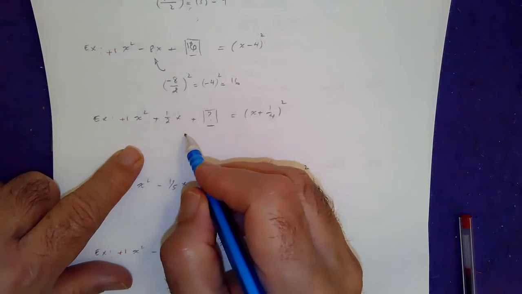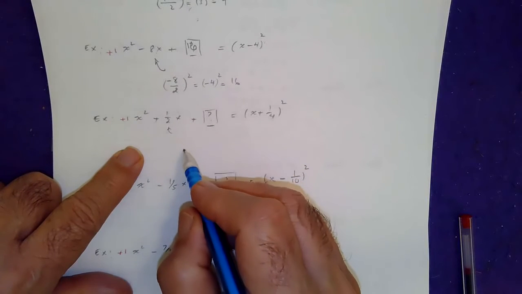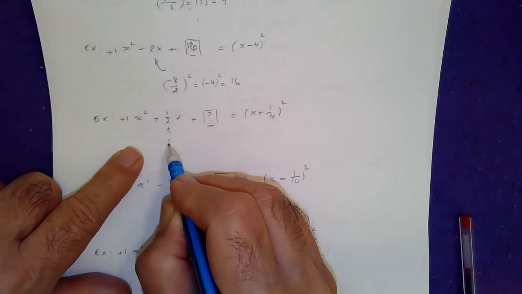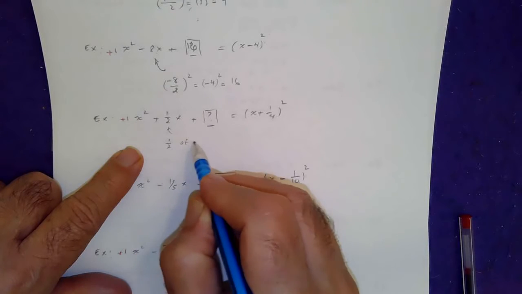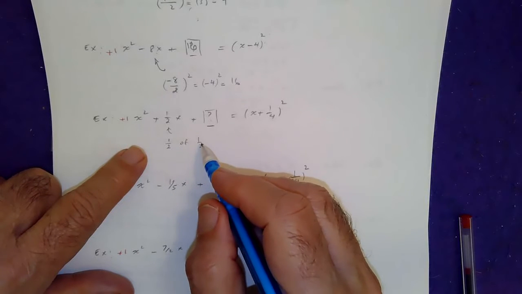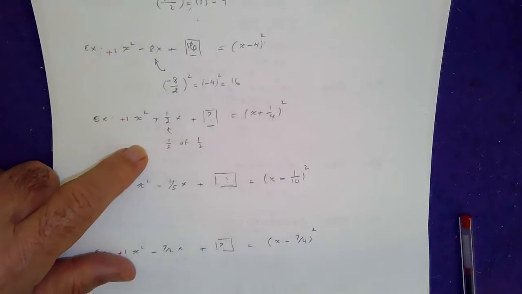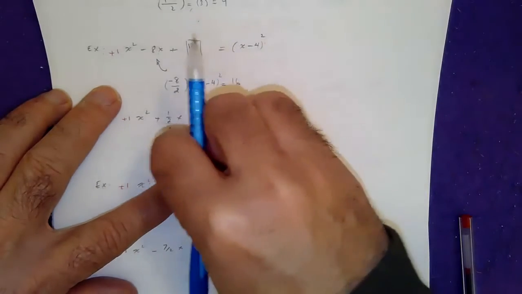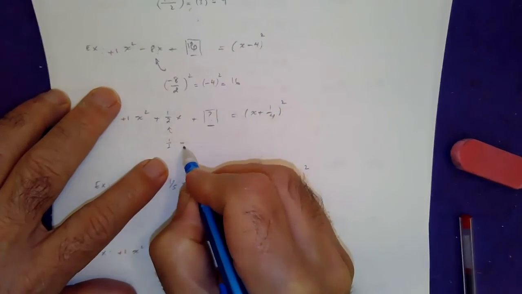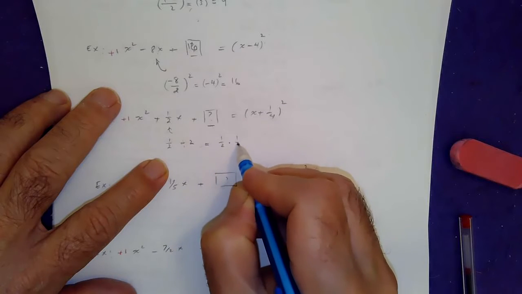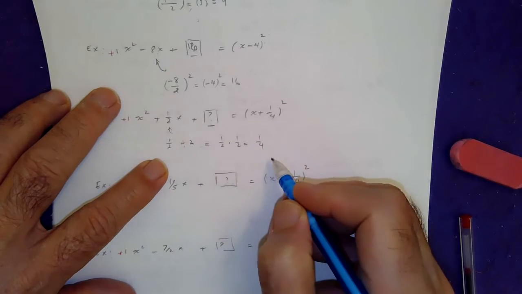Here, we got a little problem because the coefficient of x is a fraction. So take half of half. When you say half of half, that's half divided by 2. So 1/2 divided by 2 is the same as half times 1/2, which is 1/4.